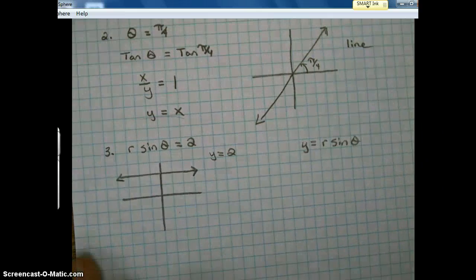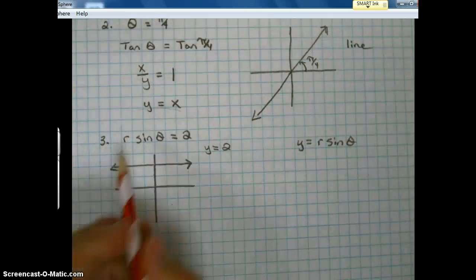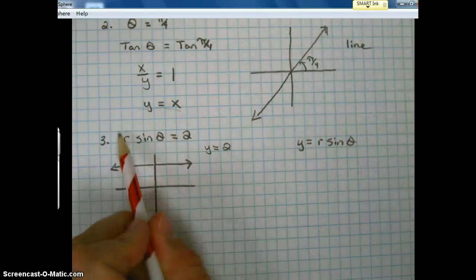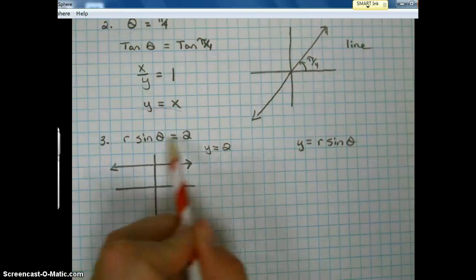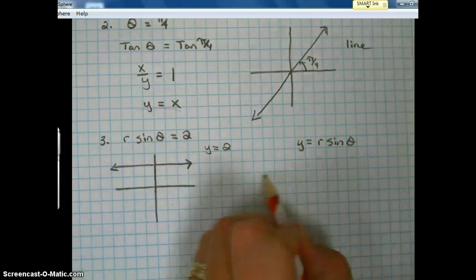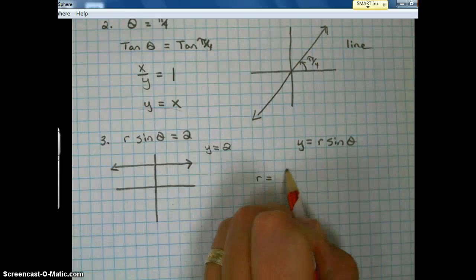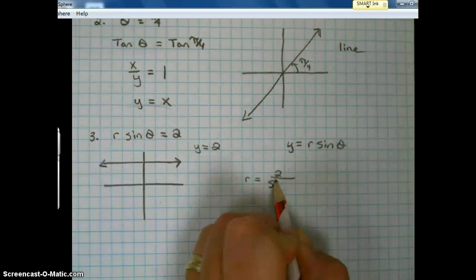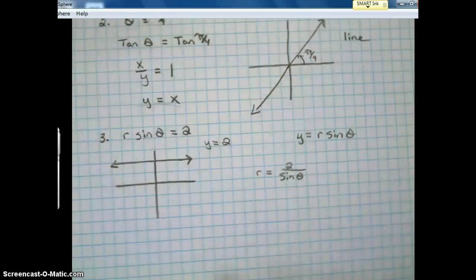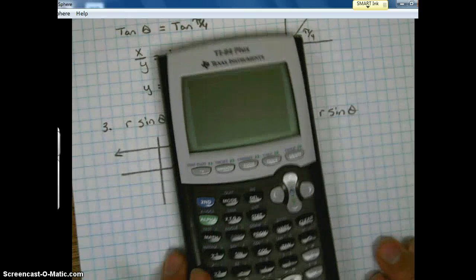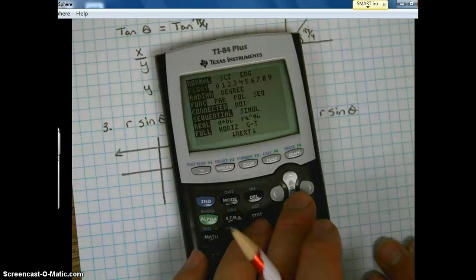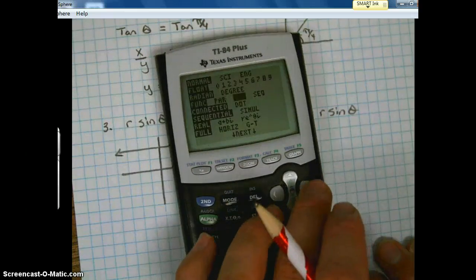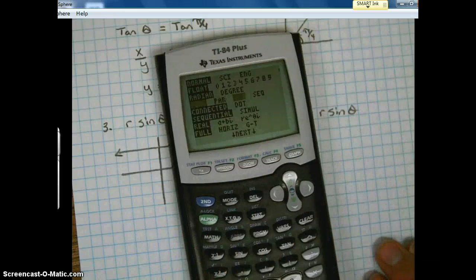Now if I wanted to use my graphing calculator, what you would do is solve the equation for r. So I would divide both sides by the sine of theta, and we'd get r equals 2 over the sine of theta. On your graphing calculator, go to mode, go down and change it to polar, and press enter.